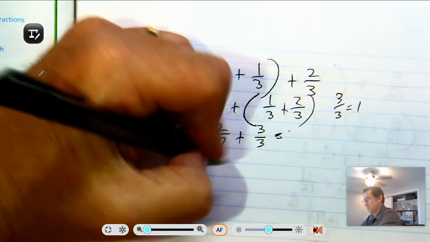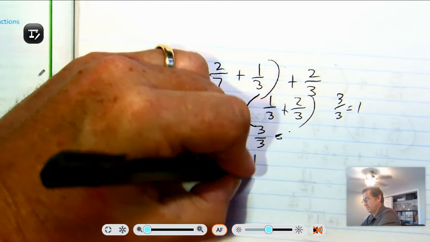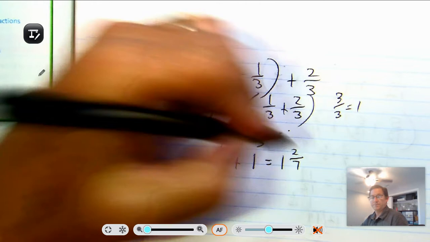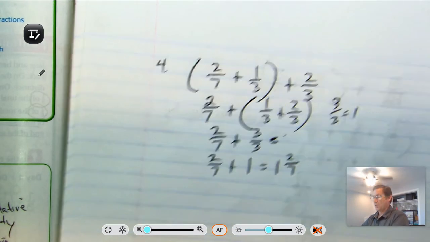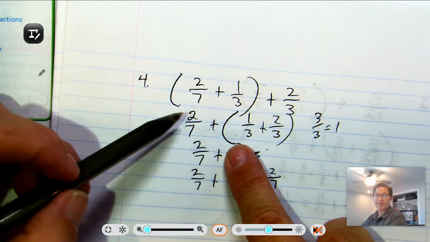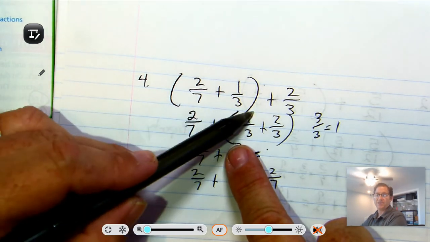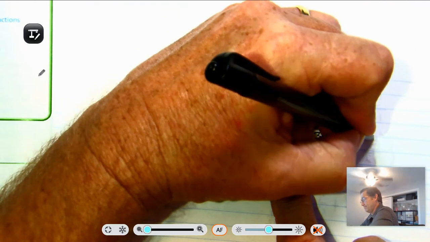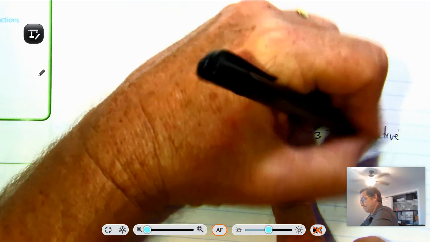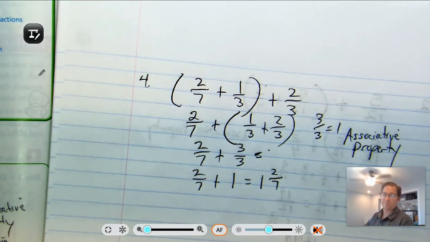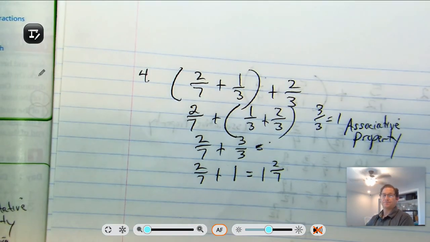So we have 2/7 plus 1, which is 1 and 2/7. Let's go back to here. What property were we dealing with here that allowed us to change the grouping? Associative property, right? And then we just simplify.